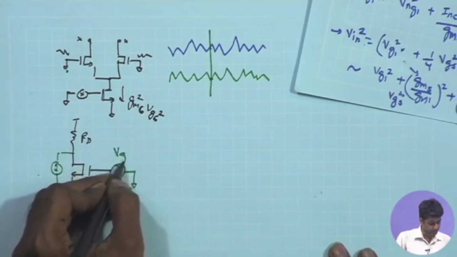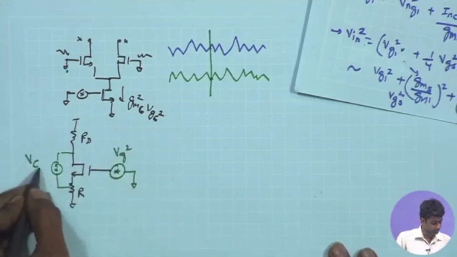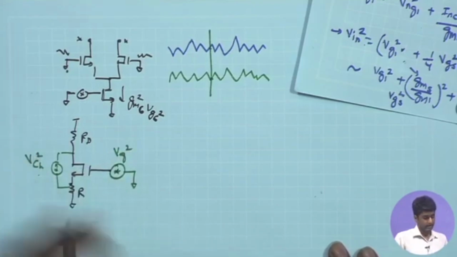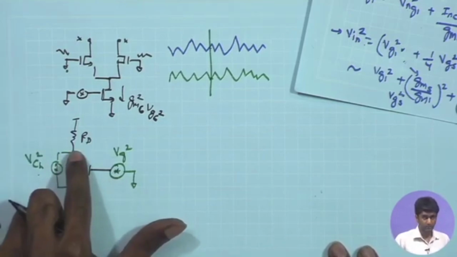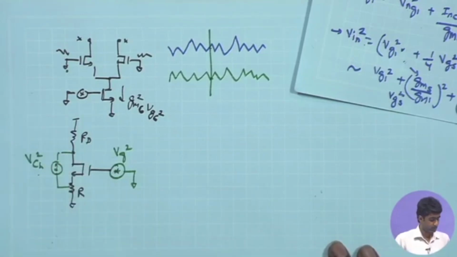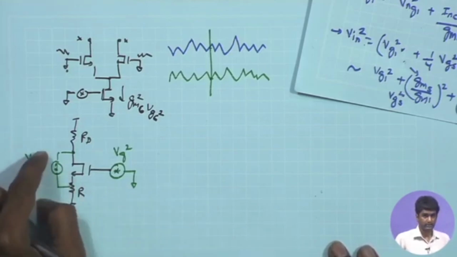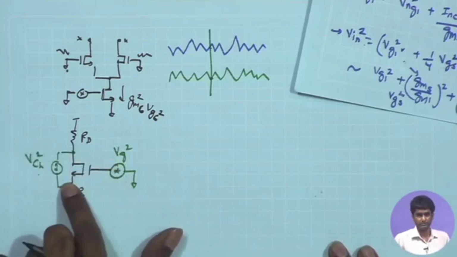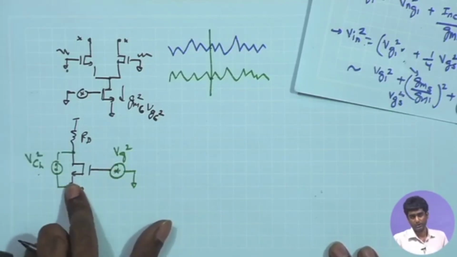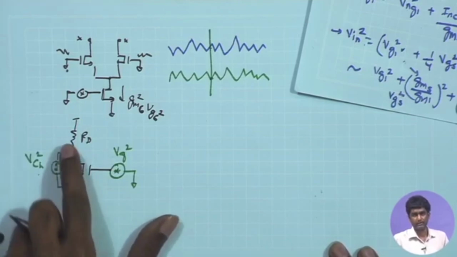I can call it VG square, I can call it V channel square, VCH square. And because of this, I would like to find out what is the overall output voltage over here. Now here I cannot directly translate this VCH square divided to equivalent gate voltage, because for this case the source is not ground, not an AC ground. As a result, I cannot directly divide this ICH.